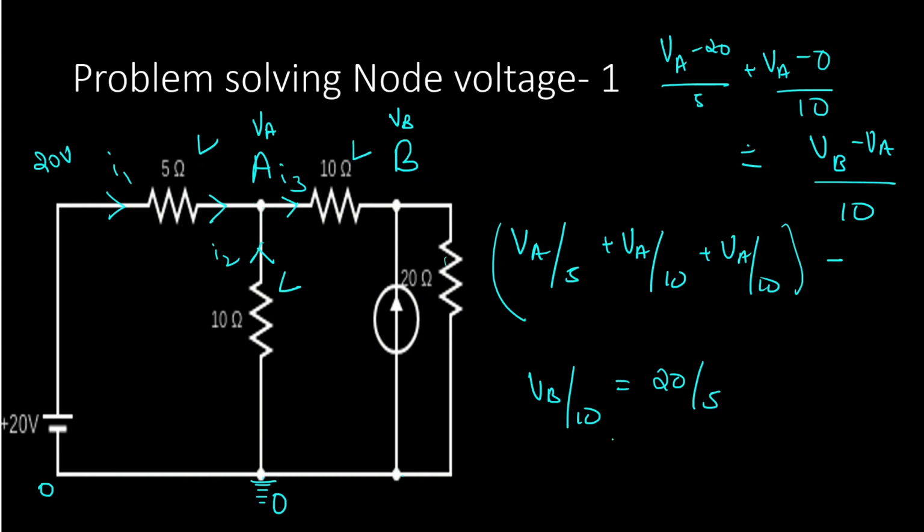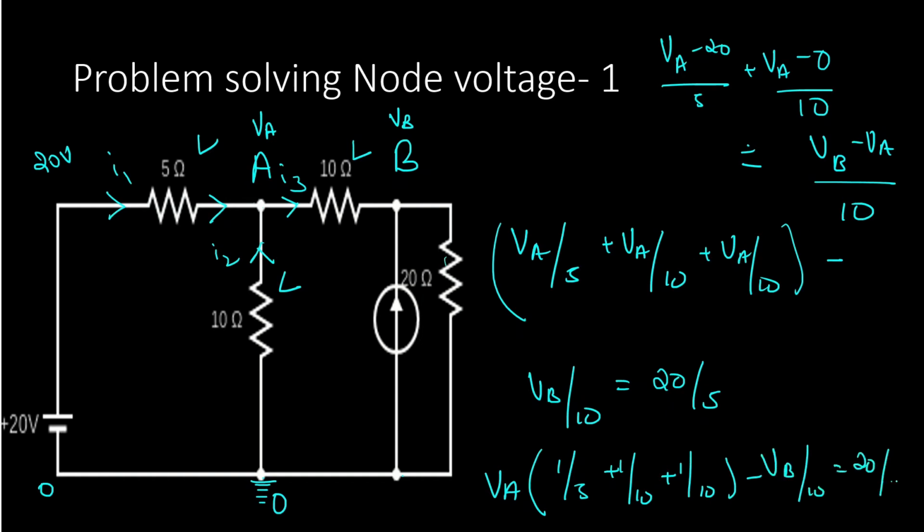So I have written it in this form now, and isn't it quite evident that you can see a particular pattern here? If you look closely, you can rewrite this as VA into 1 by 5 plus 1 by 10 plus 1 by 10 minus VB by 10 is equal to 20 by 5.